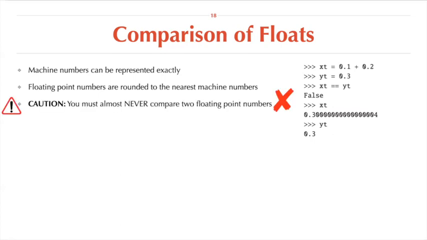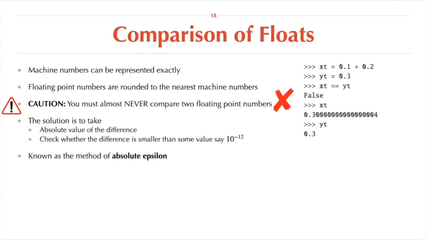So make it a practice that you should almost never compare two floating point numbers, for example in conditionals. You should make a habit of never really comparing two real numbers or floating point numbers. The solution is to use something called the absolute epsilon method. What you do is say that the difference between the two numbers is less than some certain value.